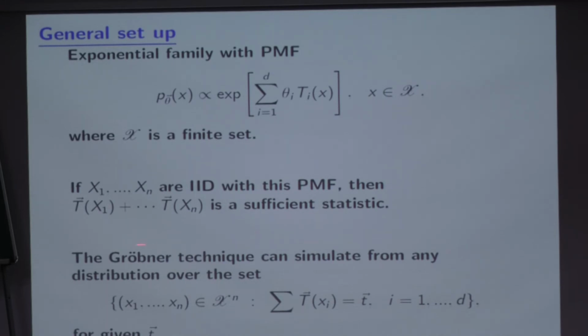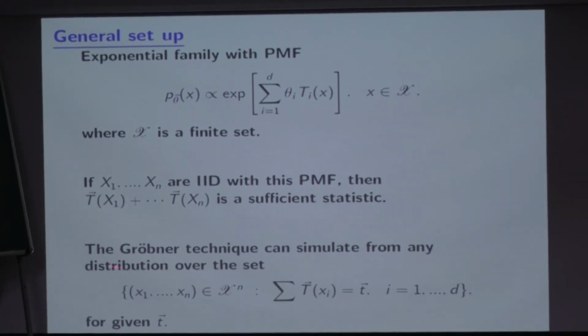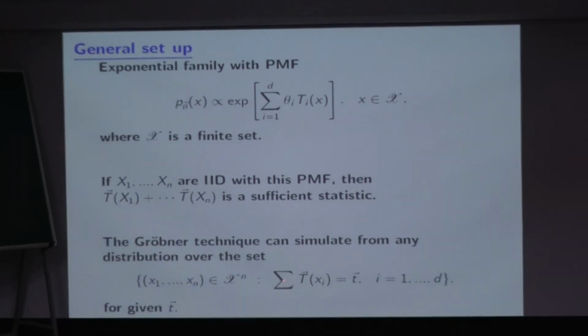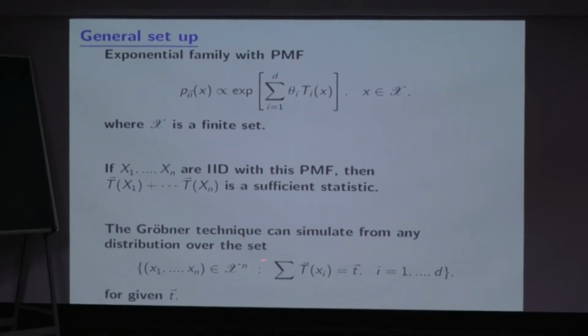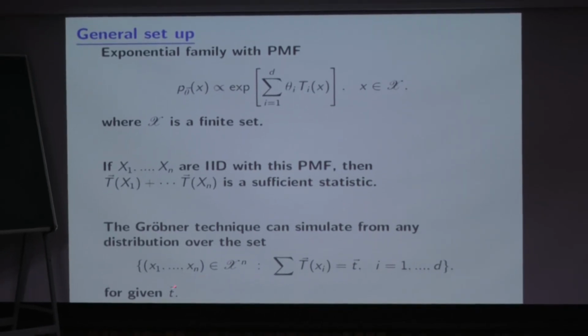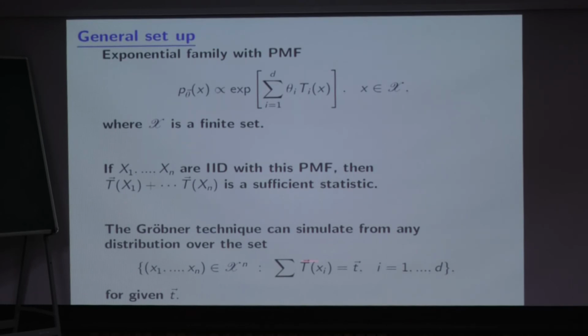And then this Grobner technique that you have learned can actually simulate from any distribution over this set. You're essentially conditioning on the sufficient statistic. I hold the sufficient statistic value fixed at the given value t. Look at all the possible tables, all the possible samples that give rise to this sufficient statistic.